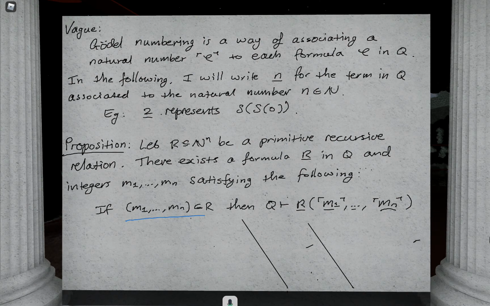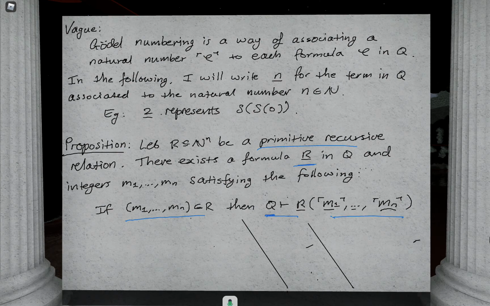Okay, and what this proposition says is that if R is primitive recursive, then there exists a formula R underline in Q. So this is a formula inside the first order theory Q, which satisfies the property that Q is able to prove R underline applied to the following terms.